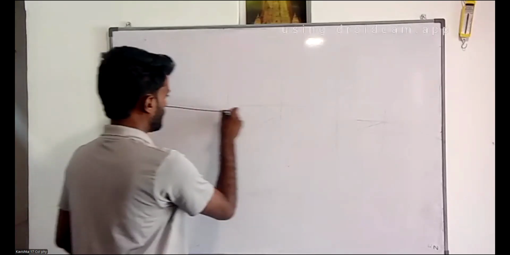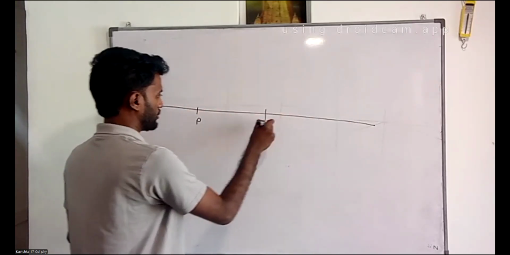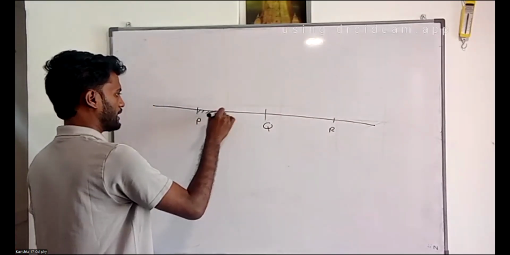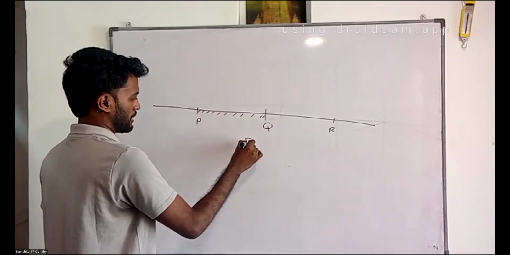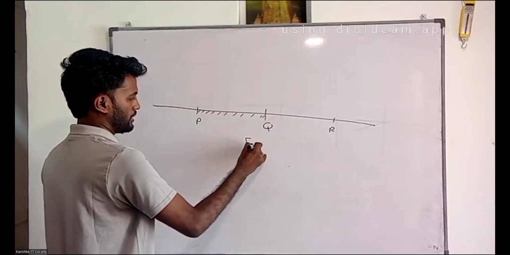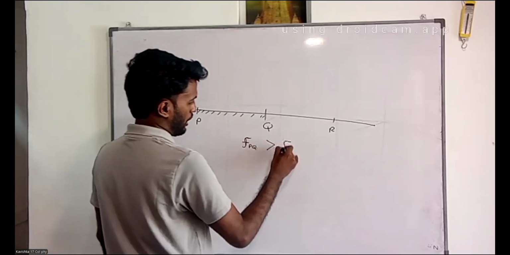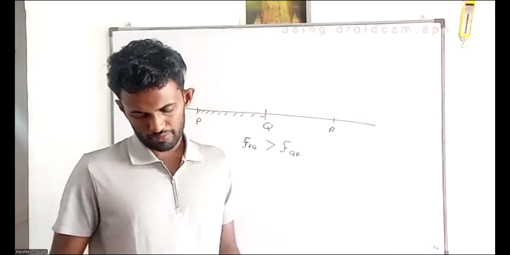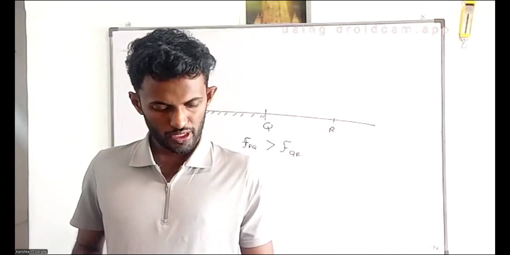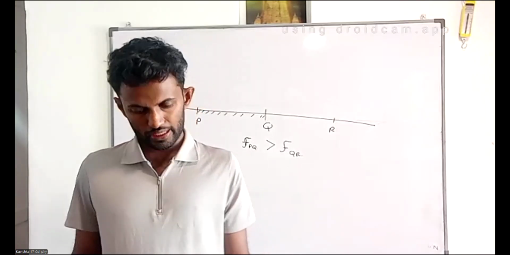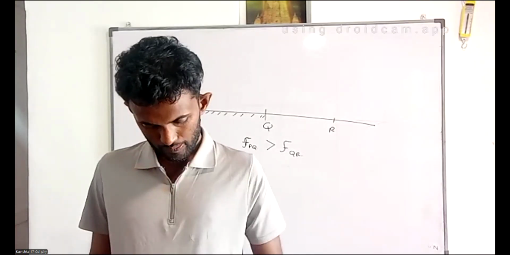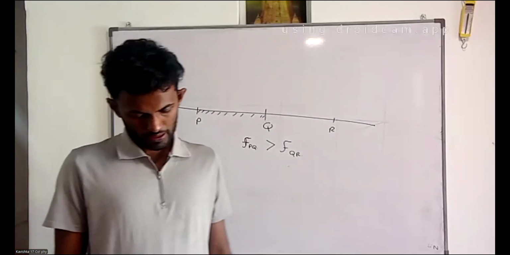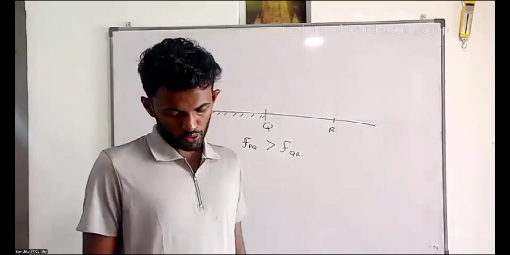So there are two areas, the PQ area and the QR area, and the friction in PQ is higher than the friction in QR. Then it says the frictional force acting on the vehicle is 300 newtons when it travels from P to Q.